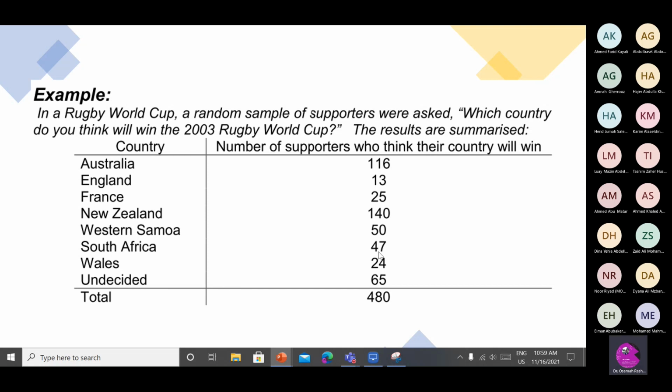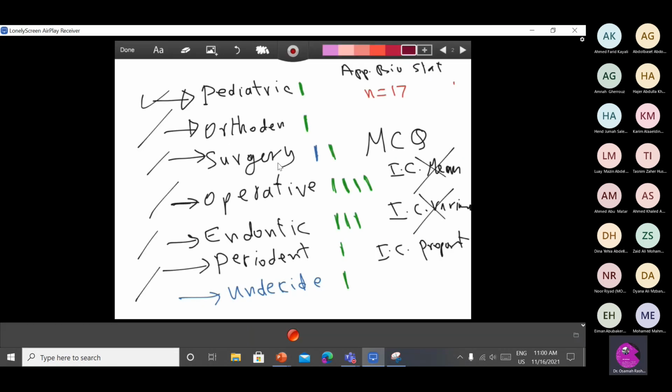I'm not talking about the sample now, I'm looking for the proportion in the whole population, but I cannot ask the whole population. Like here, I asked my students in applied biostatistics, when you graduate, which major would you like to have extra study in.